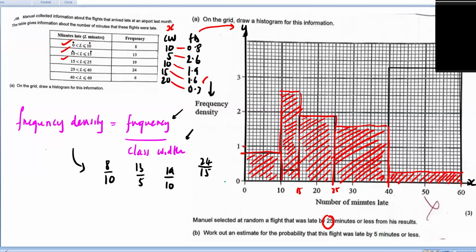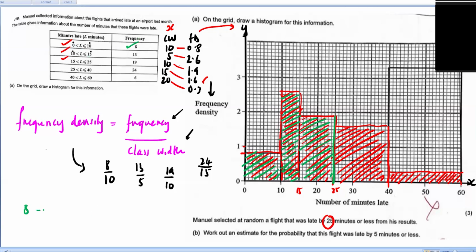So it's just your regular fraction and percentage. Let's work out 25. So 25 would be here. So these three bars. First, let's find out how many people fall into these three bars. The first bar was 0 to 10, and that was 8 people.